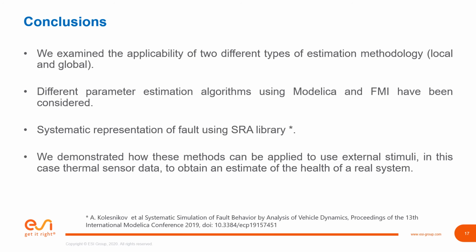We used systematic representation of the fault using the SRR library to produce leakages in the hydraulic system. Finally, we used the estimator to define a fault in a real system, the wind turbine system, and the estimator was able to find the amount and the location of the fault.